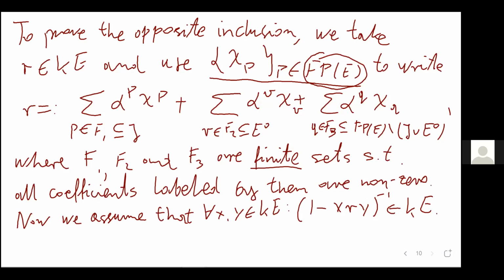And the way to prove it is to show that the sets F2 and F3 are necessarily empty. If I prove that this assumption, that for all x, y in KE, 1 minus x R y is invertible, implies that the sets F2 and F3 are empty, then I'm done. Because it means that then R is in this linear span of chi P's. P should be a subscript, not a superscript. This is exactly an element in our ideal that we want to prove. So this will give us the other way around inclusion.